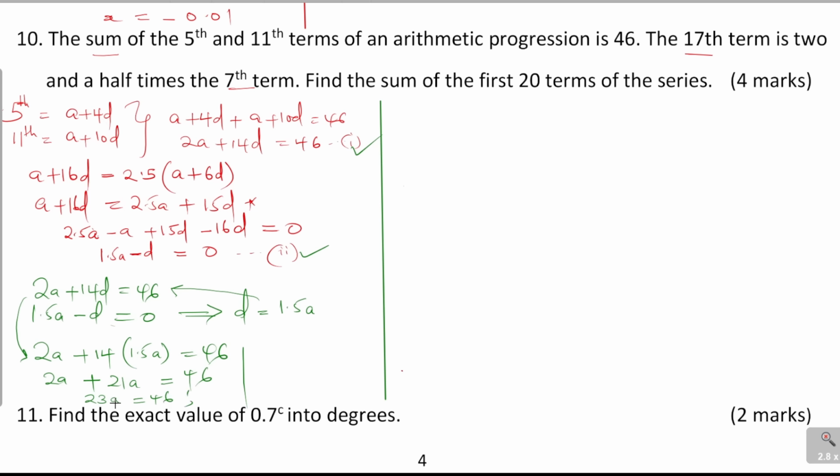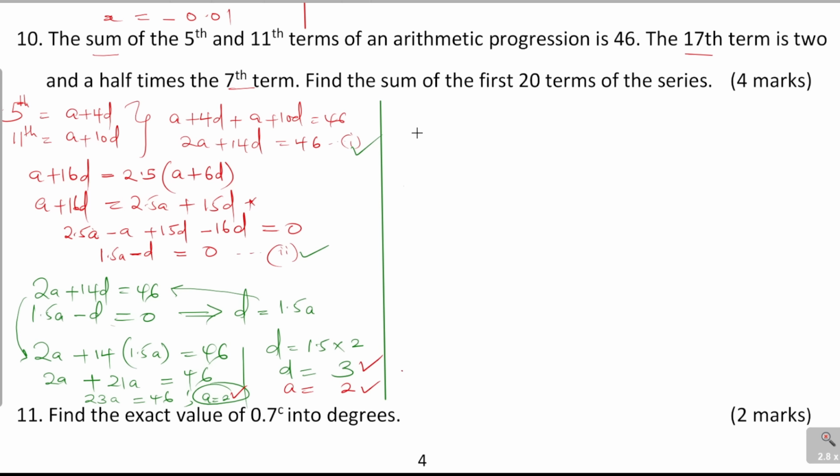When you divide both sides by 23, you get a to be 2. 46 divided by 23. Then d will be 1.5 times a. A is 2, so d will be 3. So we have obtained the values of a and d. Let me write a is 2 and d is 3.